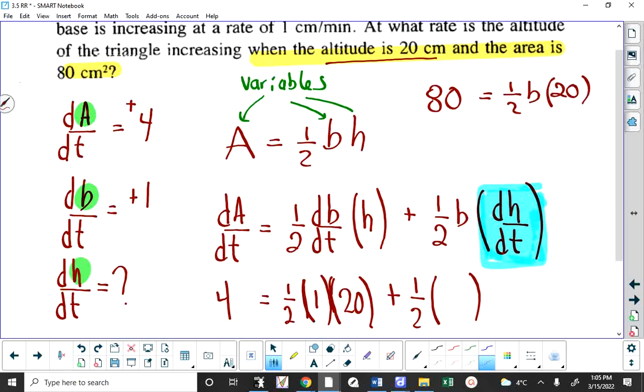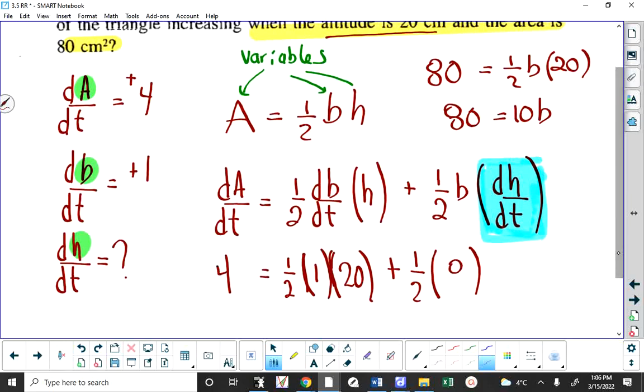So we just got to pull over for a minute, collect our thoughts, and calculate B. When I simplify this, I get 80 equals 1/2 times 20 is 10, so it's 10B. 80 divided by 10 is 8, so I end up with 8 for a base that I put in. Just to make sure, dA dt was 4, dB dt was 1, h was 20, b is 8, and we're trying to find dH dt.